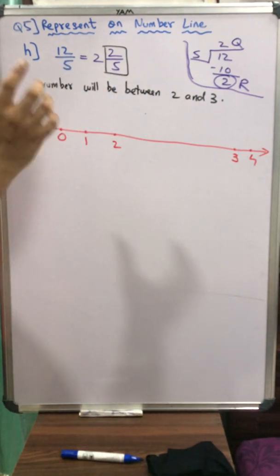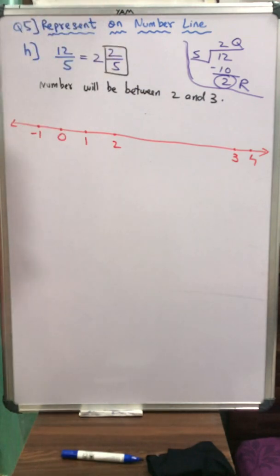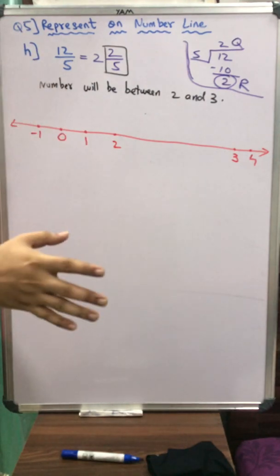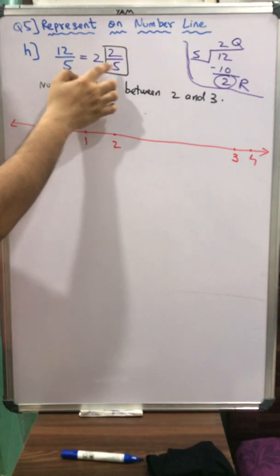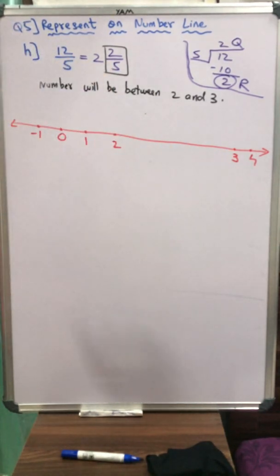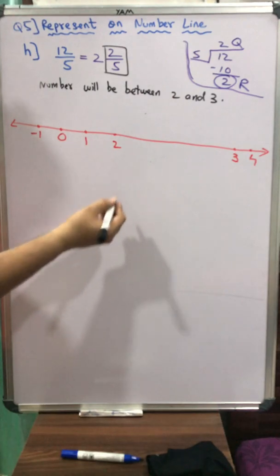It's 5 means I have to divide this space in 5 equal parts. Whatever I'm saying, it will be universal for all the questions. You take any book, any textbook, any question. Here it is 5. That means you have to divide this space between 2 and 3 in 5 equal parts.